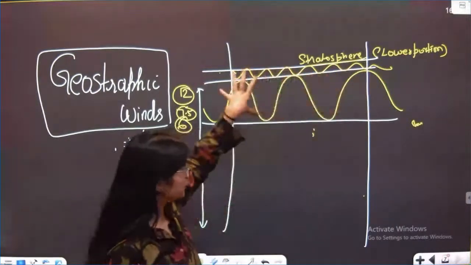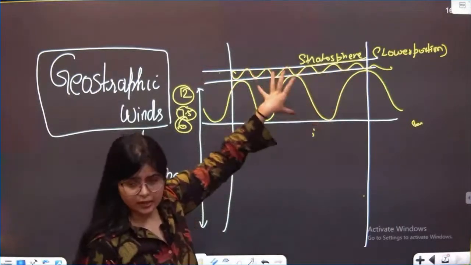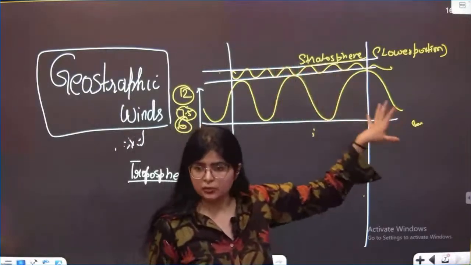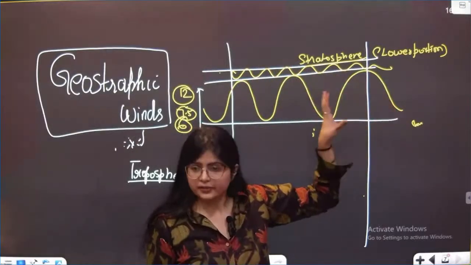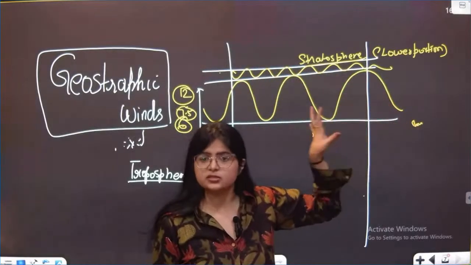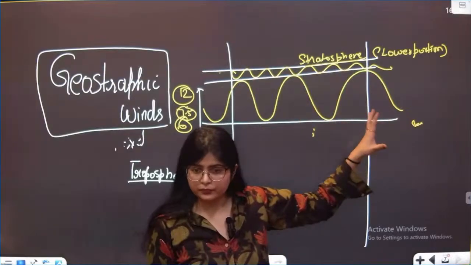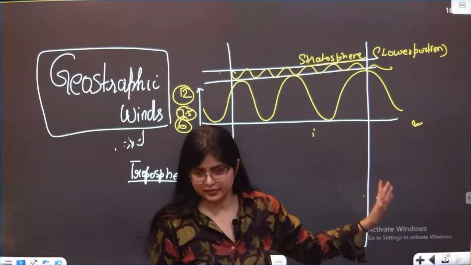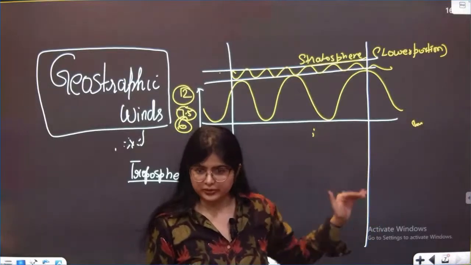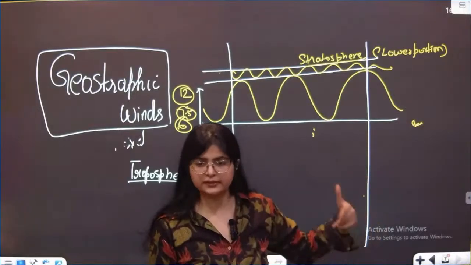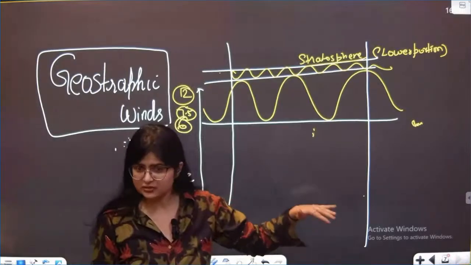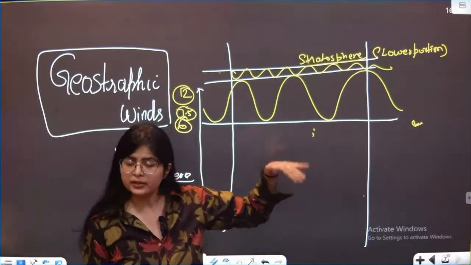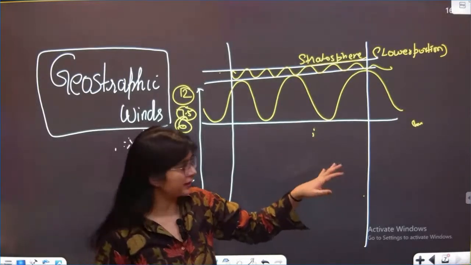What are the features we have discussed? Long, narrow, high speed, meandering, circumpolar winds, blowing in both the hemispheres, right?